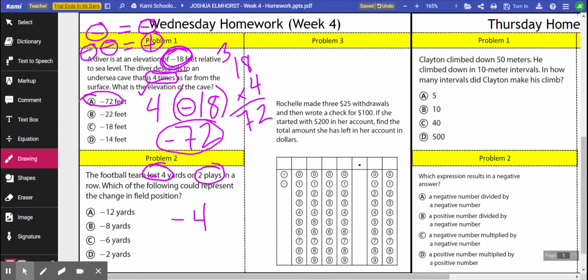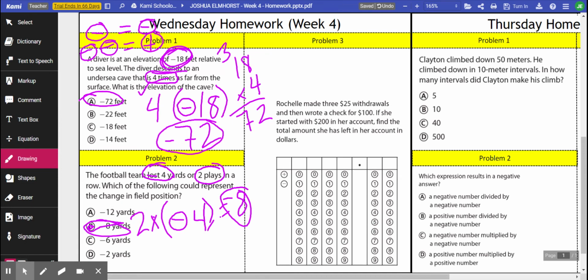So we could write that as parentheses and then put a 2 out front, and that would mean multiplication. Or we could write 2 times negative 4. So 2 times 4 is 8, and then we only see one negative sign here, and so our answer is going to be negative 8 yards.